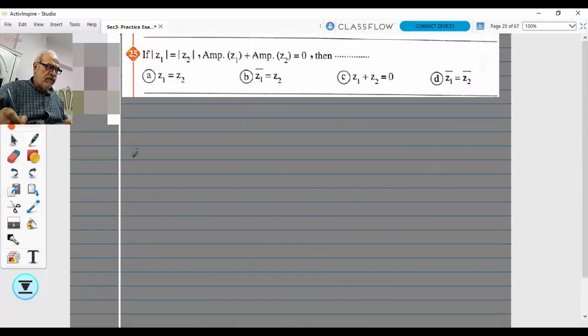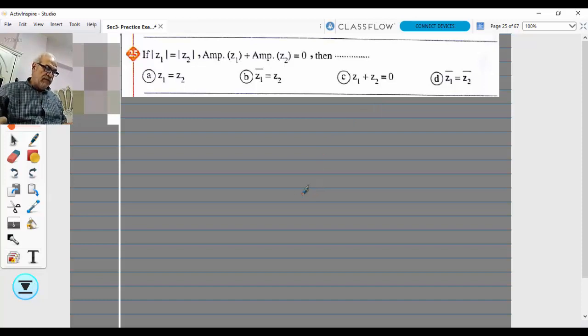Question number 25. Here we have: if the modulus of Z1 equals the modulus of Z2 and the amplitude of Z1 plus the amplitude of Z2 equals 0, then Z1 equals Z2, the conjugate of Z1 equals Z2, Z1 plus Z2 equals 0, or the conjugate of Z1 equals the conjugate of Z2.